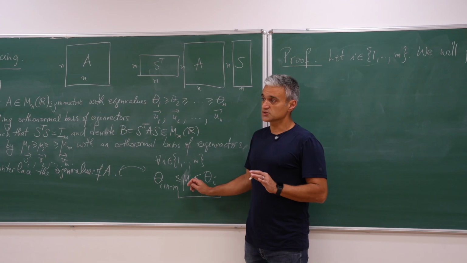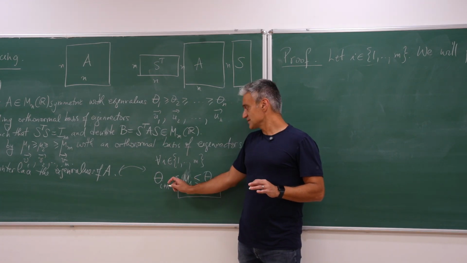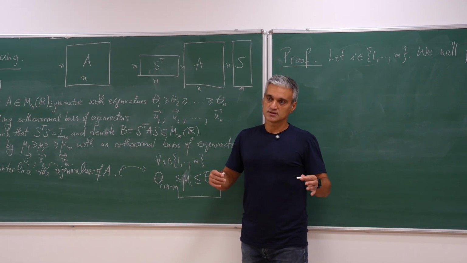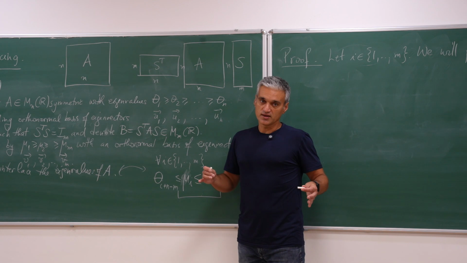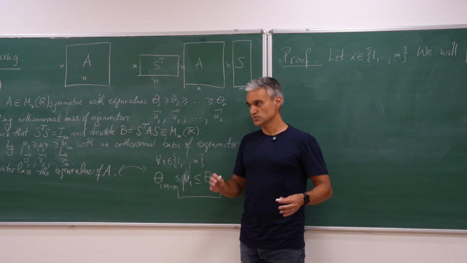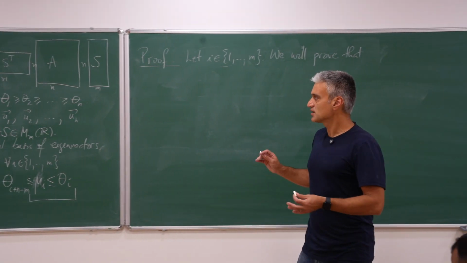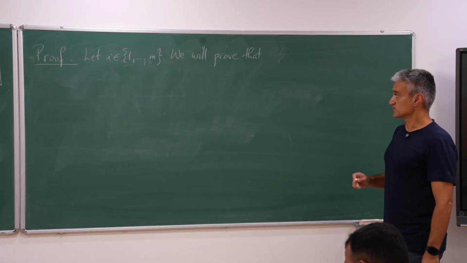Okay? So I'll just prove this part, and once I prove it, for the other part you have two ways of doing it. The easy way is applying this inequality to the negative of A and seeing how things work, or just repeating the proof that I gave here, but not quite word by word. You have to change a few things.